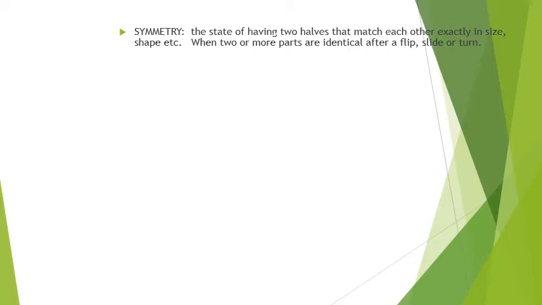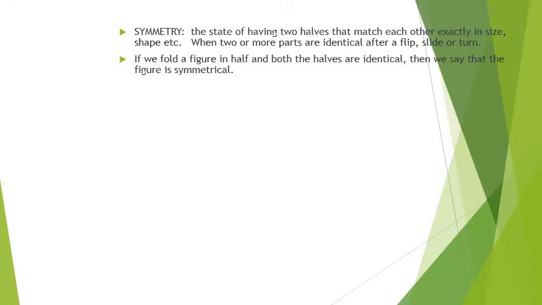The state of having two halves means to divide into two equal parts. When you divide an object into two equal parts, they are exactly the same in size and shape. When two or more parts are identical when you flip, turn, or slide it, you can see the object is identical.